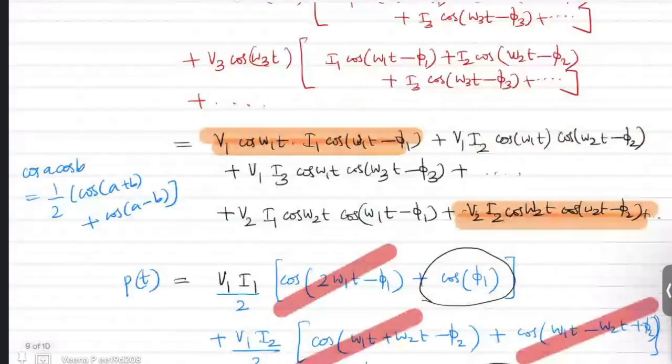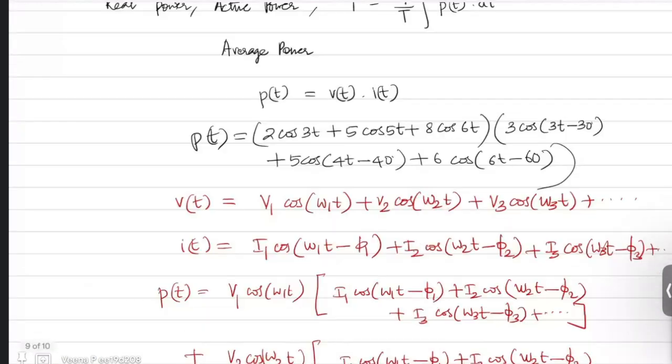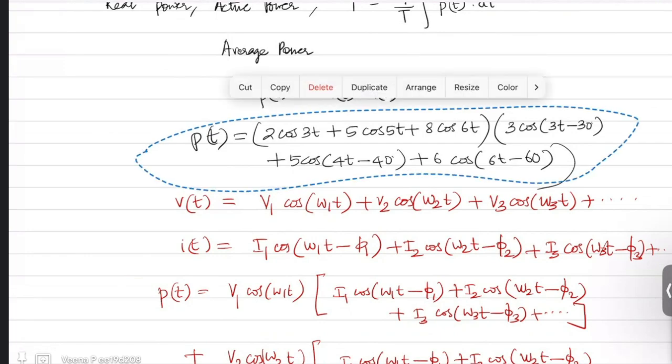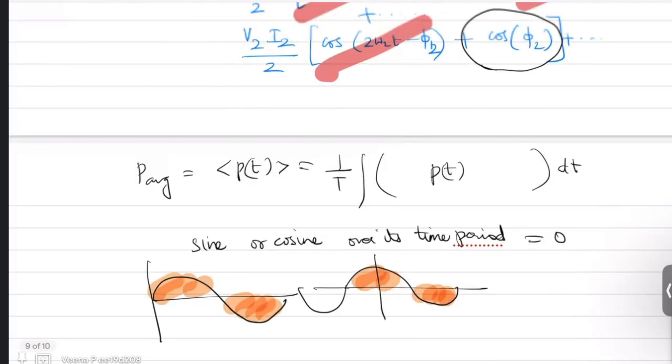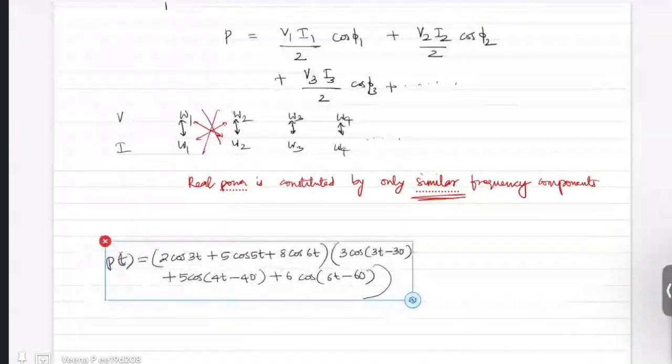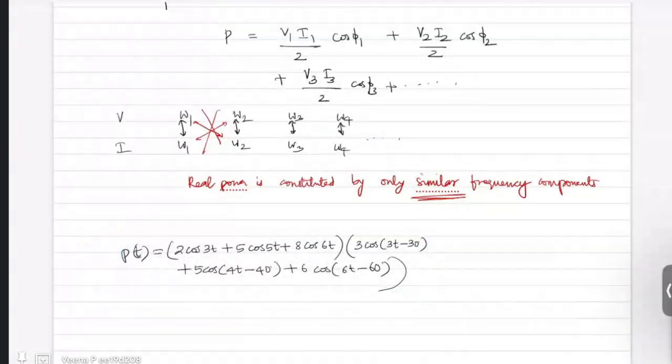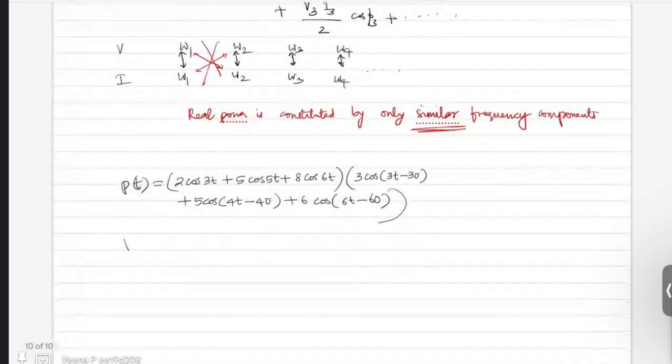So in the given problem, in the voltage you have omega is 3, omega is 5 and omega is 6. And in the current you have omega is 3, omega is 4 and omega is 6.